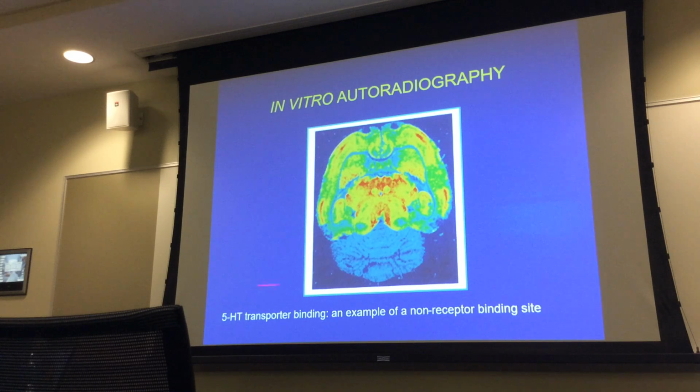So you can do autoradiographic localization of transporters just the same way as you could do for classical agonist receptors. So here is the serotonin transporter. It is present in a whole variety of areas in the brain. You can see here in the midbrain, there's a whole lot of it in the brainstem. But the distribution in the cortical areas of the brain, the higher brain centers, are the areas that are most particularly relevant for the development of antidepressants.